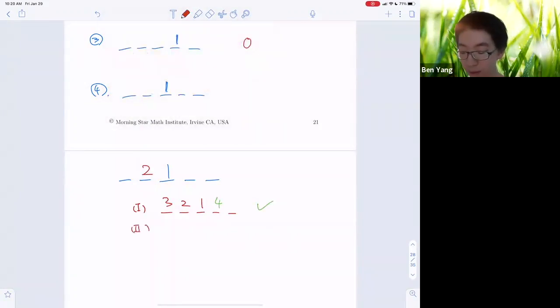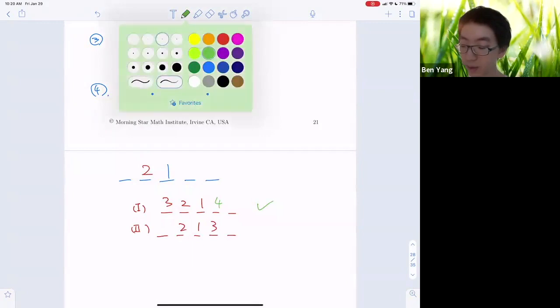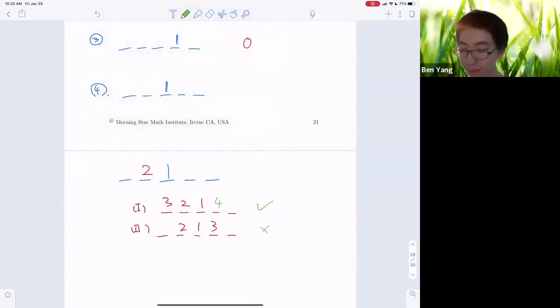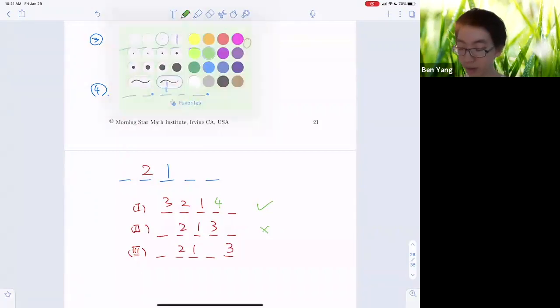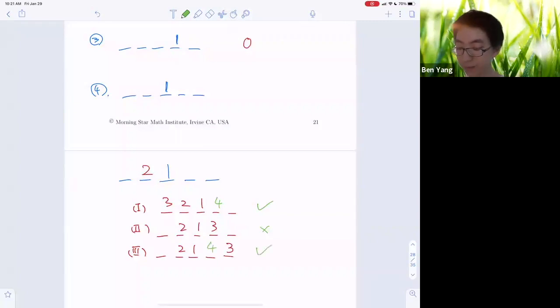Second subcase, the third person takes the seat number 4. That's terrible because the fourth person is never going to take his own seat. So it's not going to work here. And finally, the third subcase where the third person takes the seat number 5. Now the fourth person can take his own seat there. So that's good.